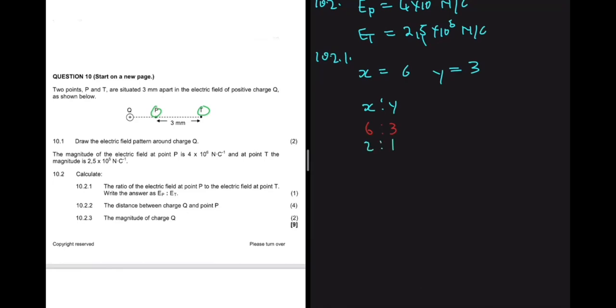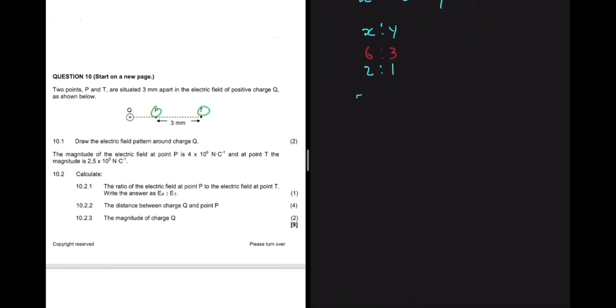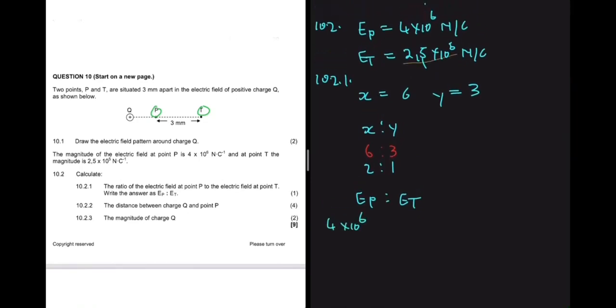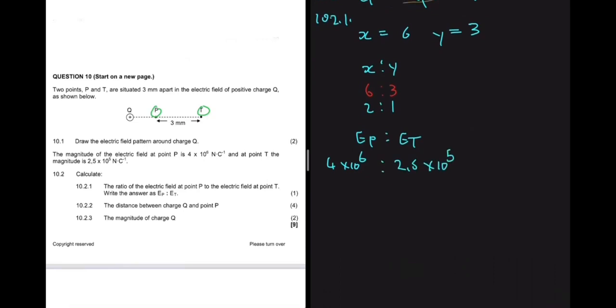So we are applying the same idea here. We're saying EP is to ET. But what is EP? We know fully well that EP is 4 times 10 to the 6 newtons per coulomb. And what is ET? That is 2.5 times 10 to the 5 newtons per coulomb. So we're dividing which number by which number here, because it's no longer straightforward like when you have 6 and 3. So we divide both numbers by the smallest.